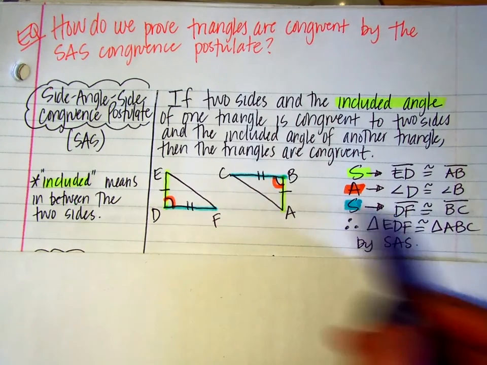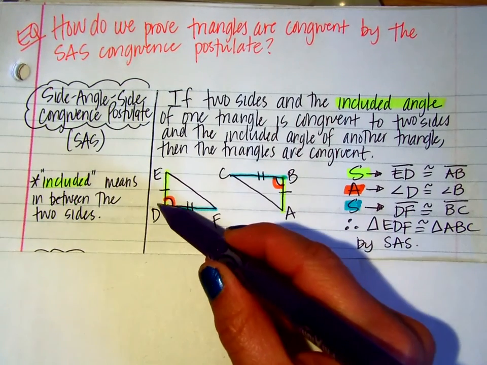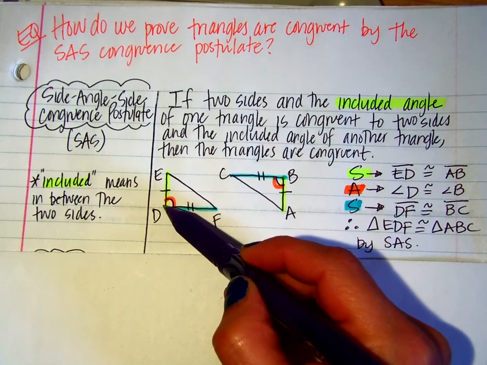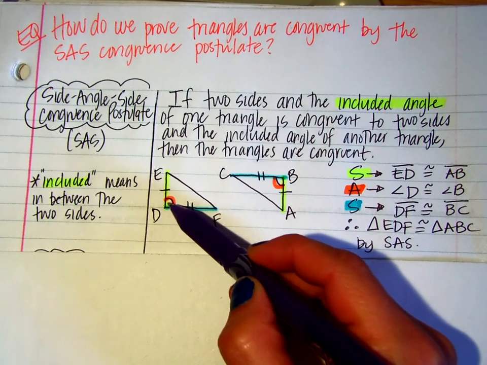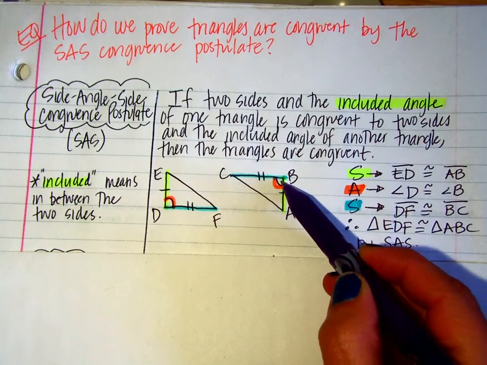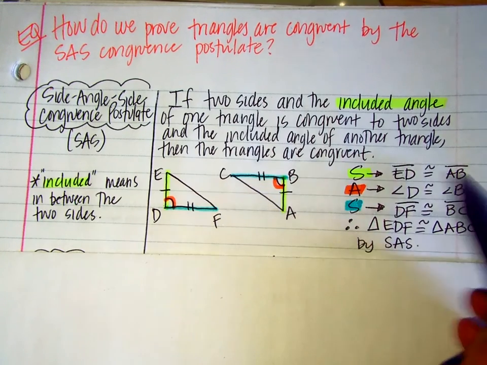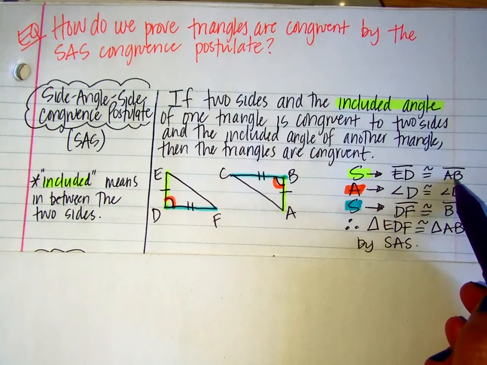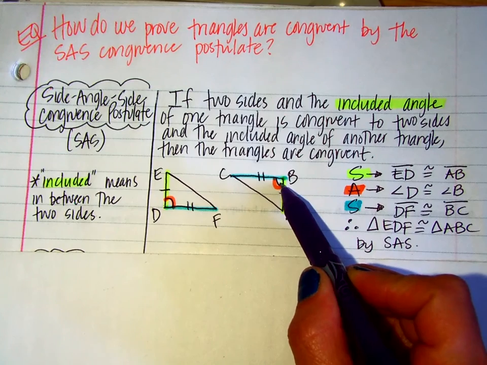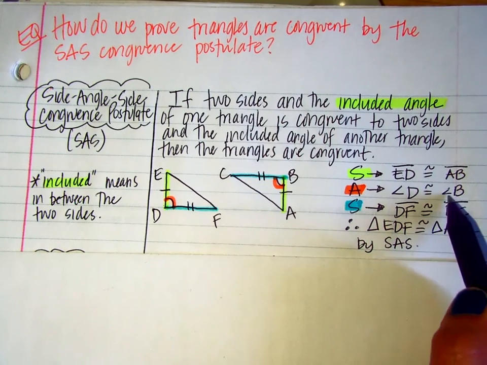Now we write what corresponds with what, what matches up. So if I said side ED, and then I went from no marking to the angle marking, then I have to read it the same way here, no marking to the angle marking. So side AB. Those two are congruent to each other. Angle D, very obvious, is congruent to angle B, and I use my angle symbol.